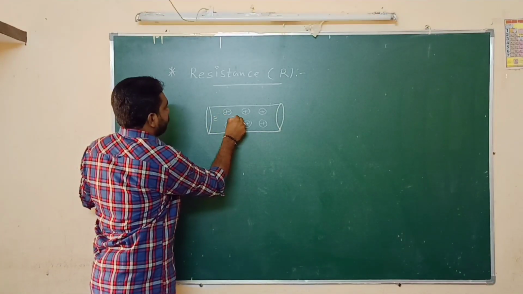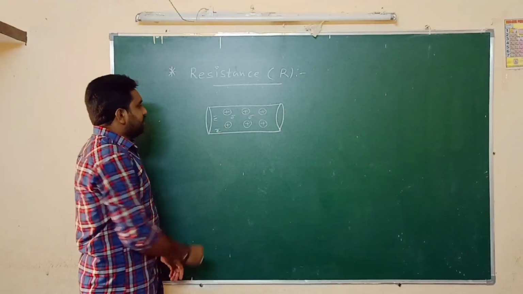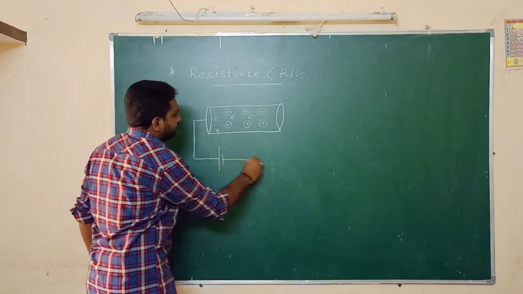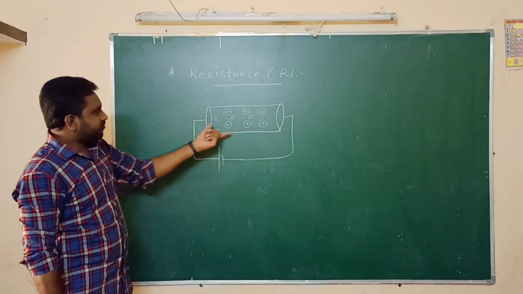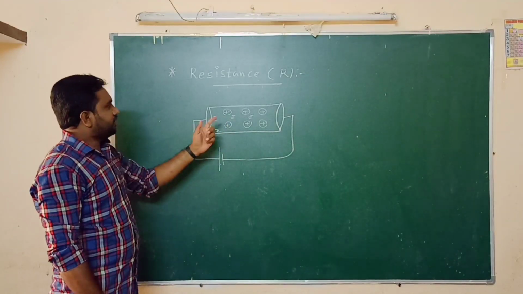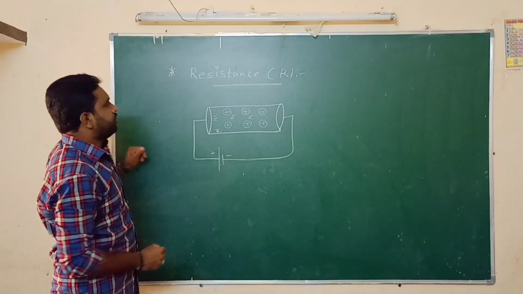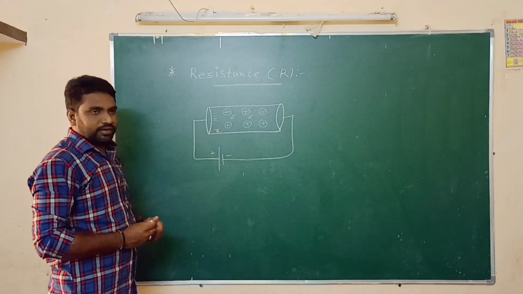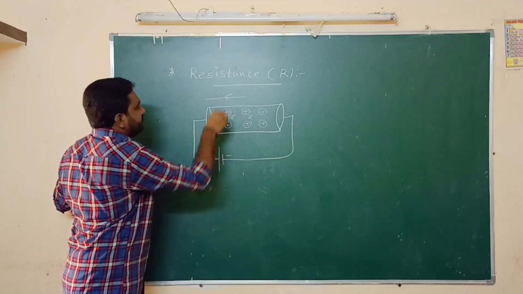If we connect a battery to this copper wire, a potential difference is created across the wire, and all the free electrons move in a particular direction, towards the positive terminal. Why? Because they have negative charge.